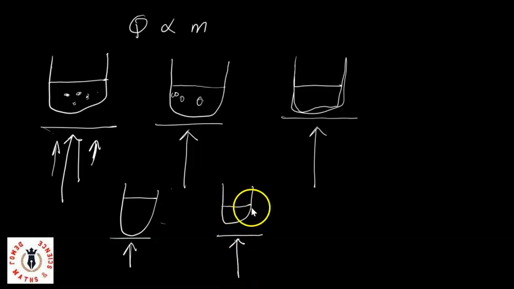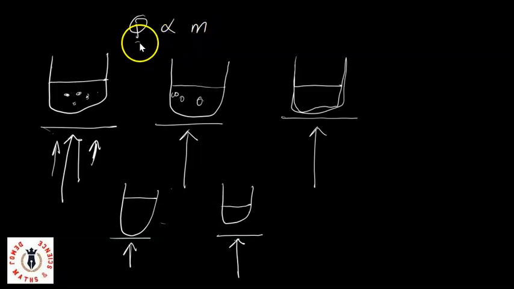To raise less water, I will need less heat. To raise a higher quantity of water, I will need more heat. So we say that the quantity of heat required is proportional to the mass.